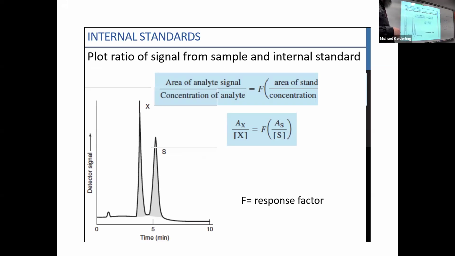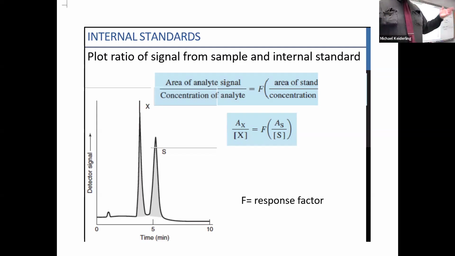Basically, the area of the analyte signal over the concentration of the analyte is the area of the standard over the concentration of the standard, with some response factor F to compare how strongly they respond. Ideally, that F should be 1 or close to 1 if you can. That is part of how you choose your internal standard.